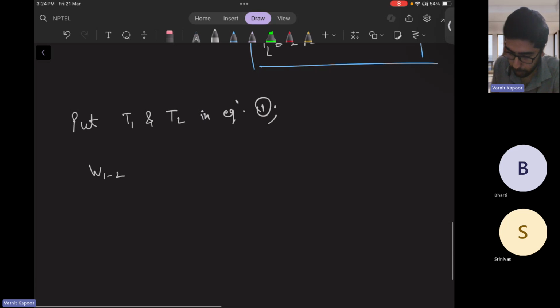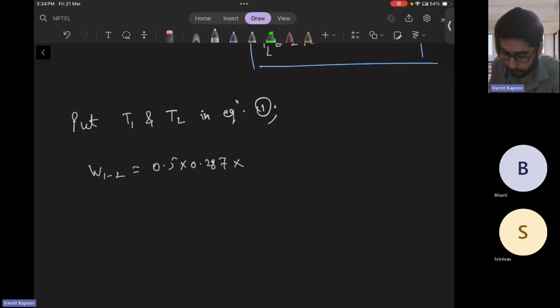Work from 1 to 2 is nothing but mR(T lower minus T higher)/(gamma minus 1). And what is m and R? Let us put that. m is 0.5, R is 0.287. We'll keep it in kilojoule only because we want the work and heat transfer processes in kilojoule, as demanded in the question.